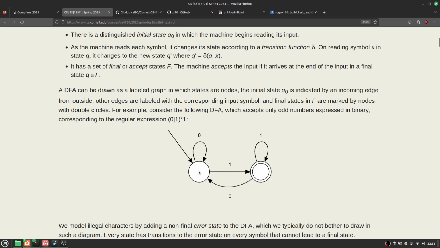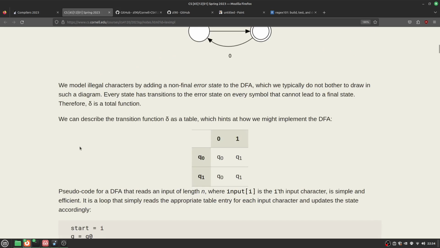If the next letter is 1, we can finish. If the next letter is 1, we can still finish. It's still valid. If the next letter is 0, we have to return to the original state because we can't finish yet. We cannot reach a finished state. If the next input token is 1, we can reach the final state. All right, that makes sense.